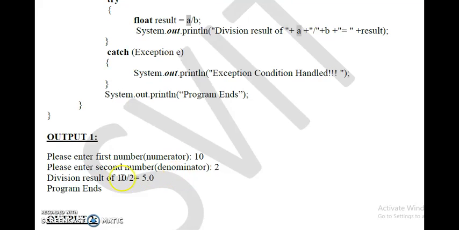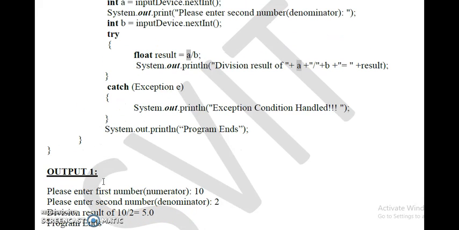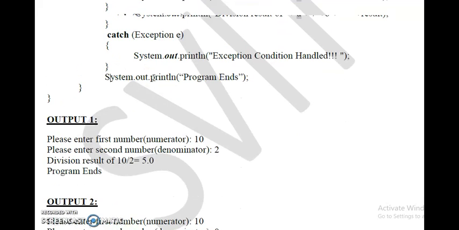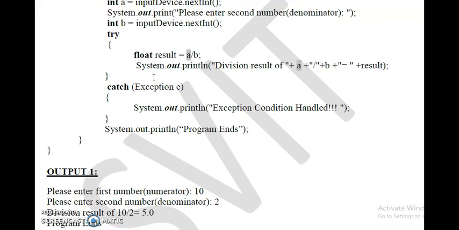The output looks something like this: enter the first number, second number, the result is so and so, and the program ends. Output 2 is when there is an exception, that is, the second number is entered as 0. Suppose the first number is 10 and the second number is 0. The control enters the try block, finds that the second number is 0, hence an exception is raised.